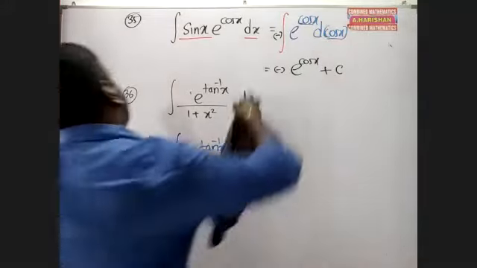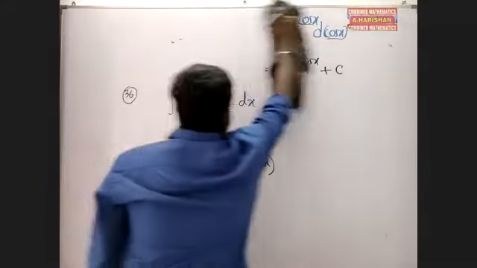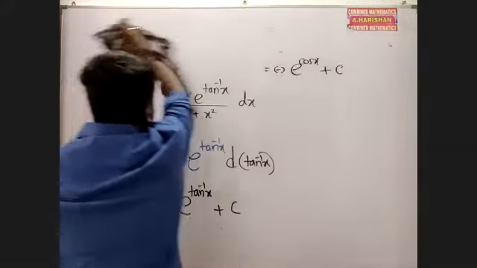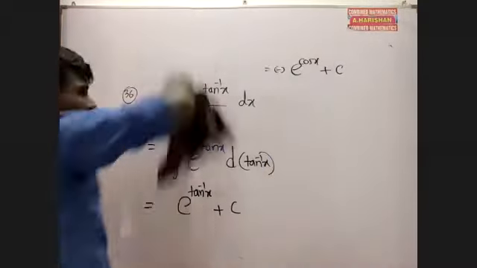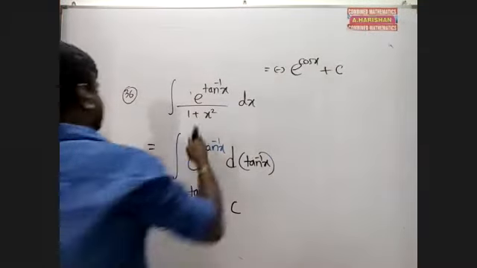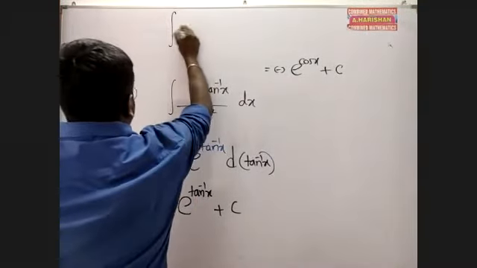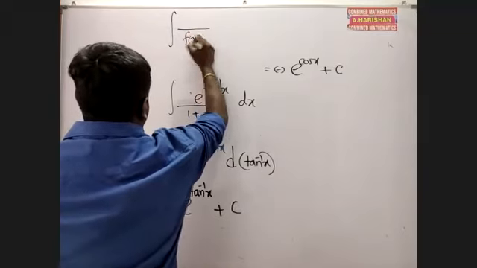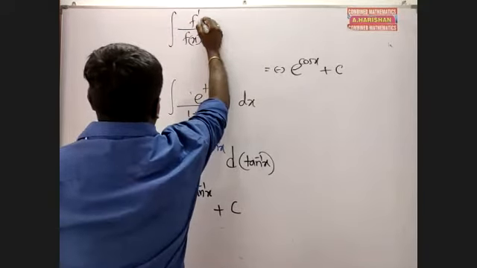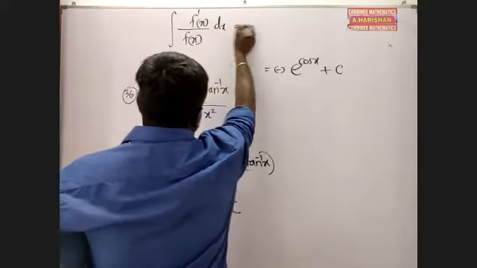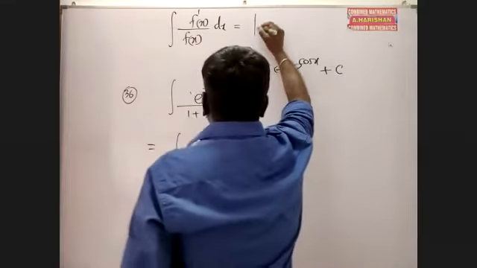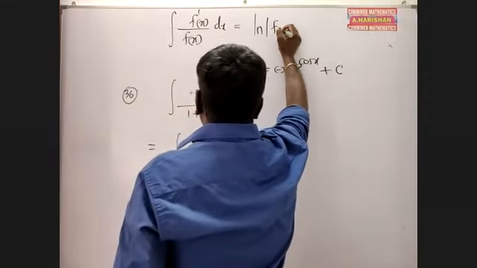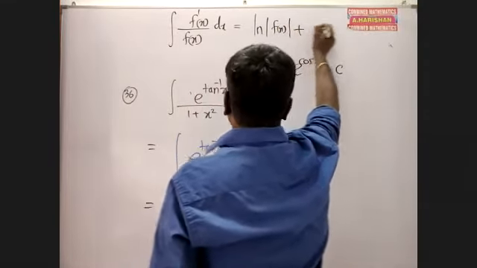So now put the heading: integration of f prime x over f of x dx. This is the form. So the second form is ln mod of f of x plus c.